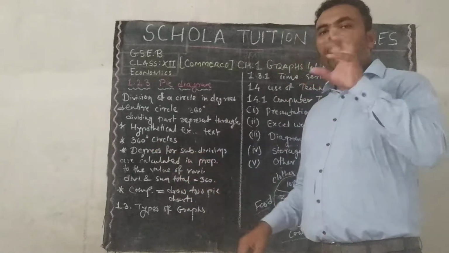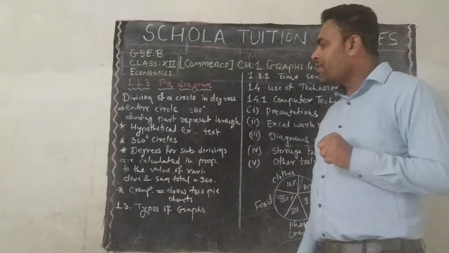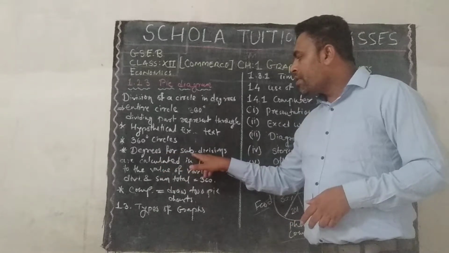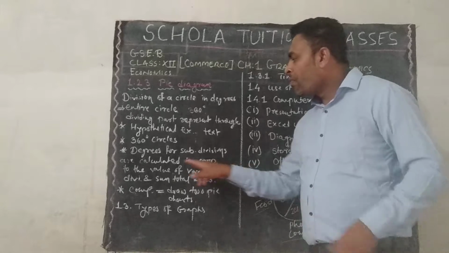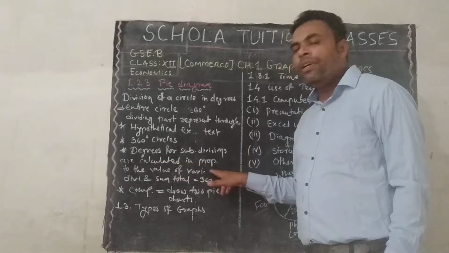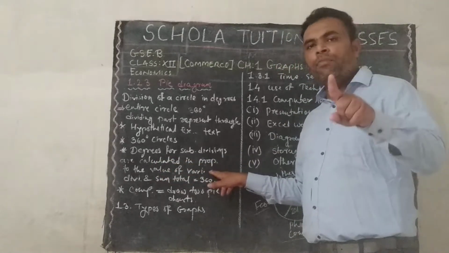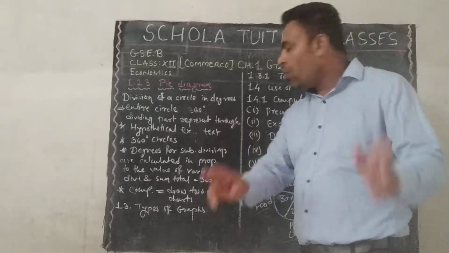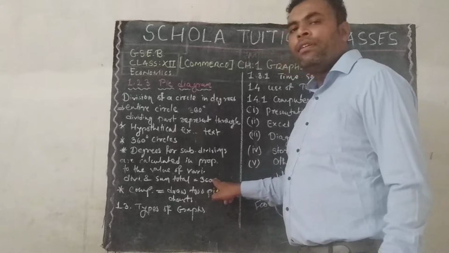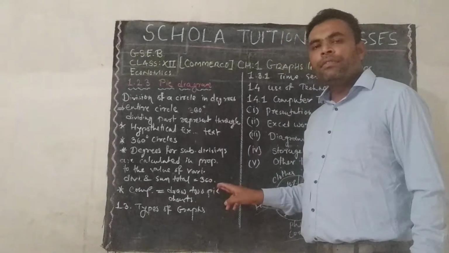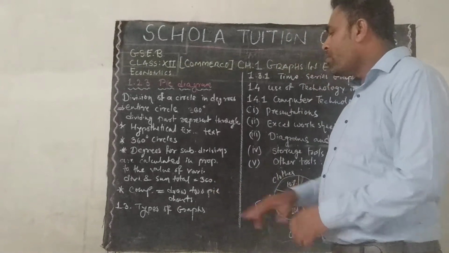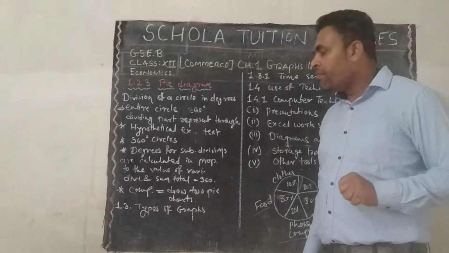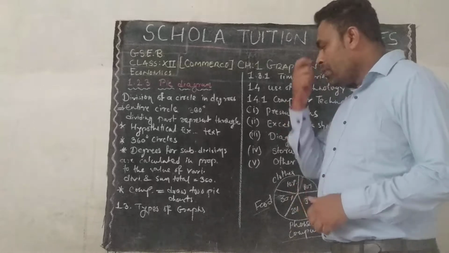Number one, draw a 360-degree circle. Then the degrees for subdivisions should be calculated in proportion to the variable, and the sum total must always be 360 degrees. It is compulsory, because it is always in a circle form.